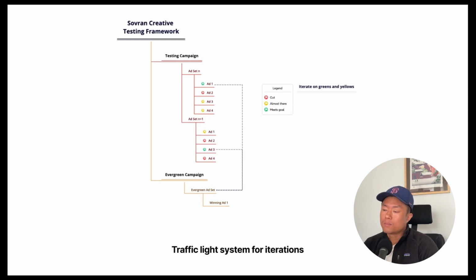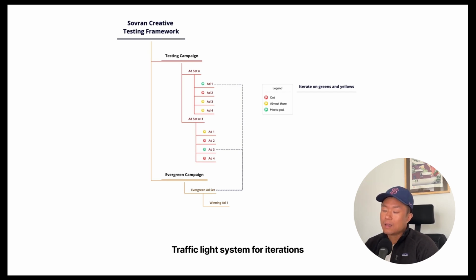And what I mean by red, yellow, green is green are ads that meet your goal. Yellow are ads that are almost there, maybe within 25% of your KPI goal. And then red are ads that are like, there's no way, this is double our CAC or 50% higher than our CAC. You can make a judgment call on this over time, and you'll get better at this over time.